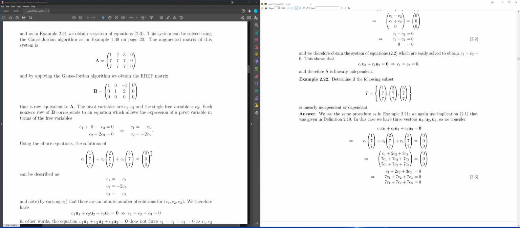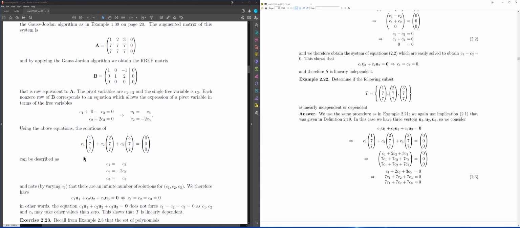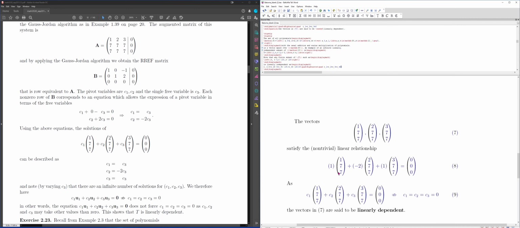So what we have now is that the solutions for my vector equation are given by this here. For any C3 that I want, I can just form the corresponding C1 and C2, and that would give me a solution of my vector equation. In particular, if I use C3 equal to 1, I'd have 1 here, minus 2 here, and 1 here, which we saw was a solution.